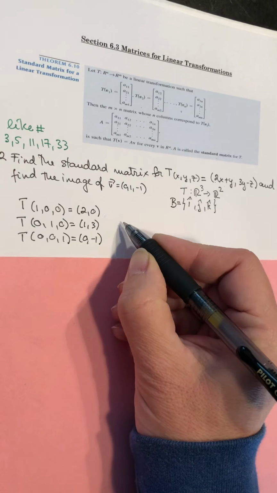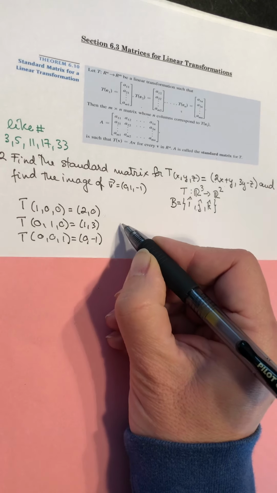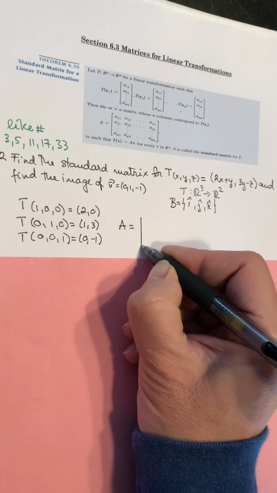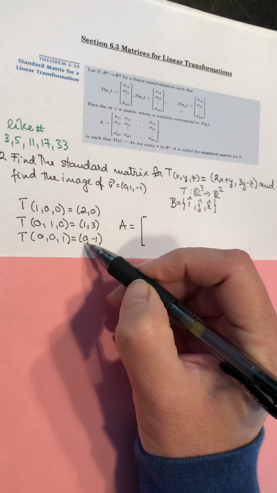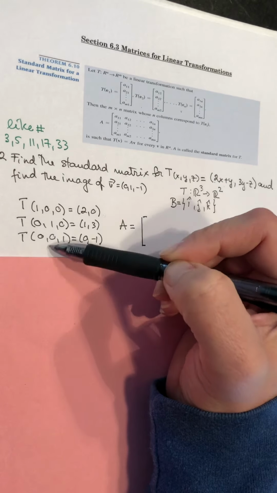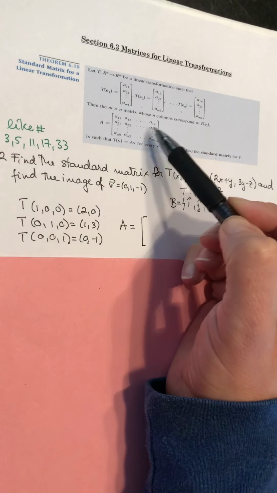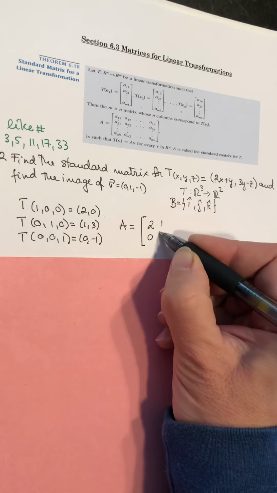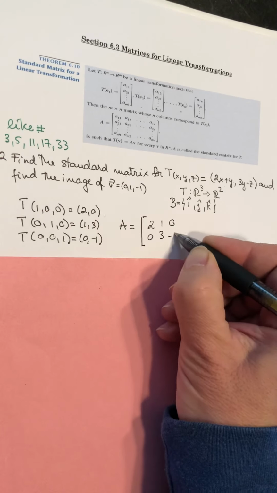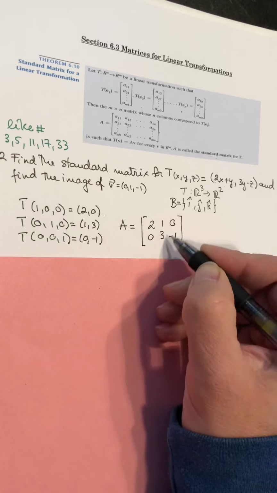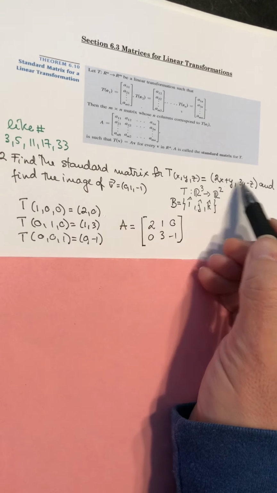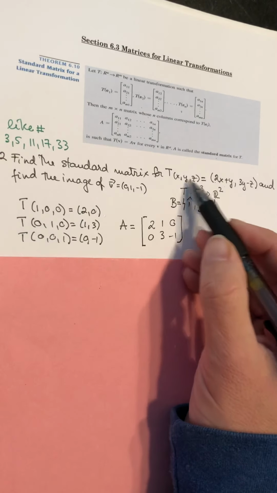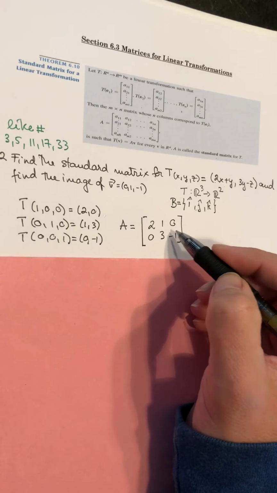So now we found the standard matrix for our transformation: we're going to take the images of the standard basis vectors and turn them into columns. So 2, 0 becomes a column, 1, 3 becomes a column, 0, -1 becomes a column. So now instead of doing this with our input vectors, we can just multiply our input vectors by this matrix.